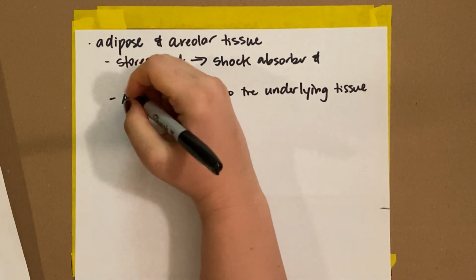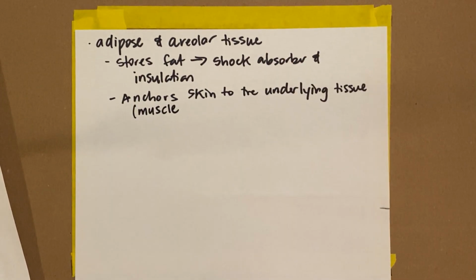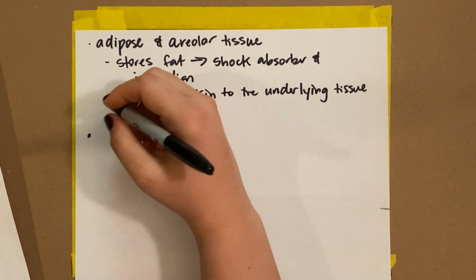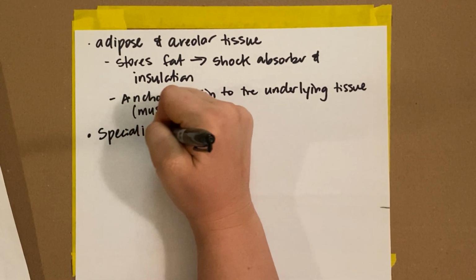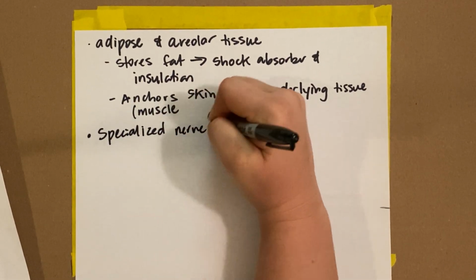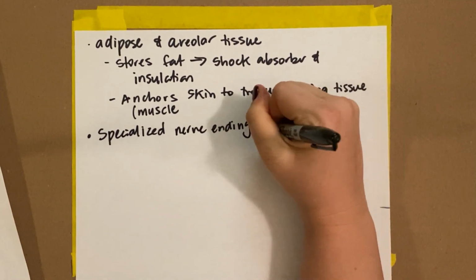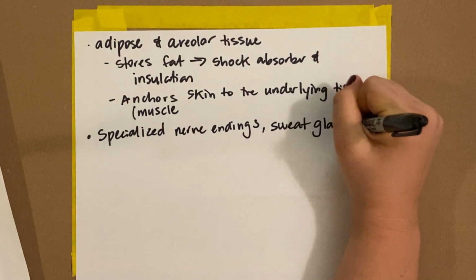Okay, so we'll just put muscle in there. And in this region, there are also going to be some specialized nerve endings, which we'll talk about, and some sweat glands will go down into this layer.